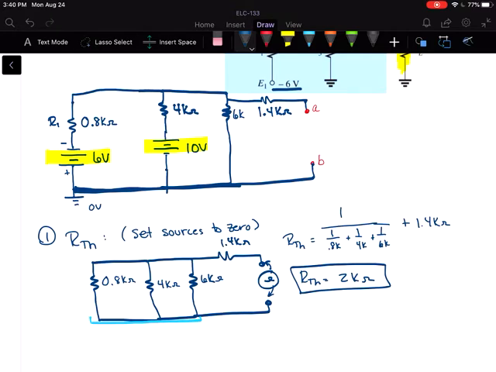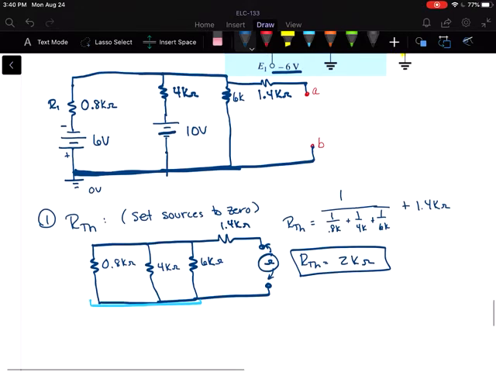Okay, the second thing I need to do is actually put my sources back, and we're going to find E Thevenin.